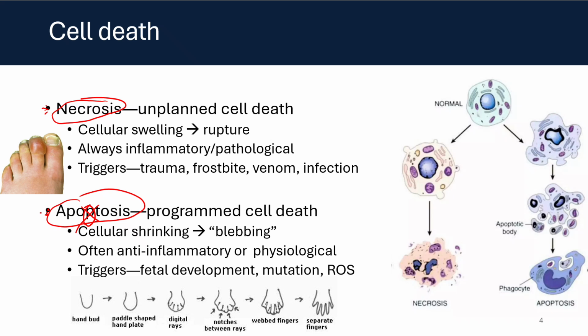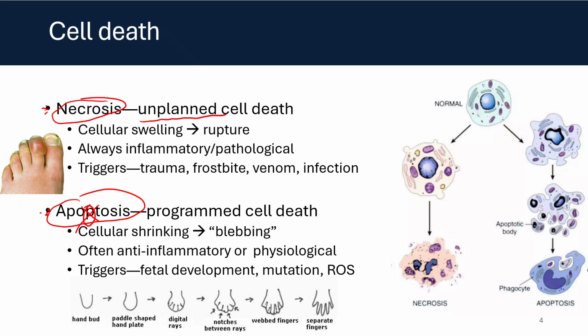We'll first circle in onto necrosis. This is unplanned, premature cell death. It's when a cell becomes so horrifically damaged that it swells and then eventually ruptures, pops, and spills its contents and non-functional organelles into the surroundings.